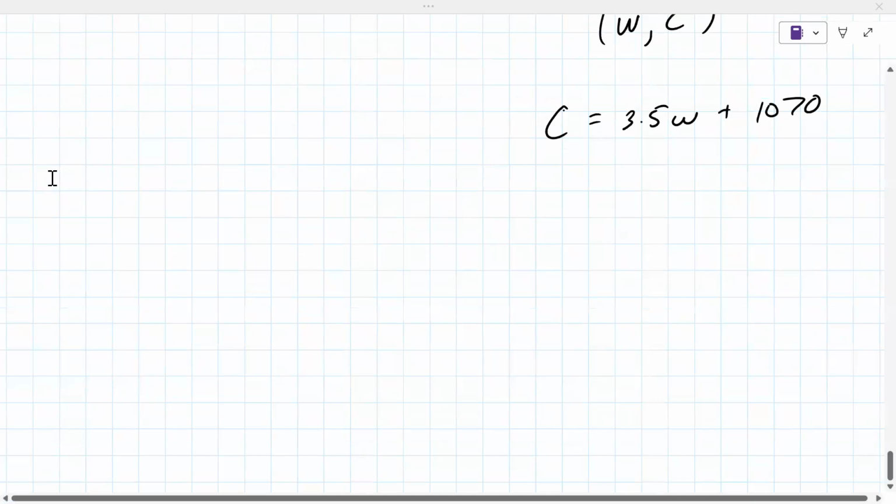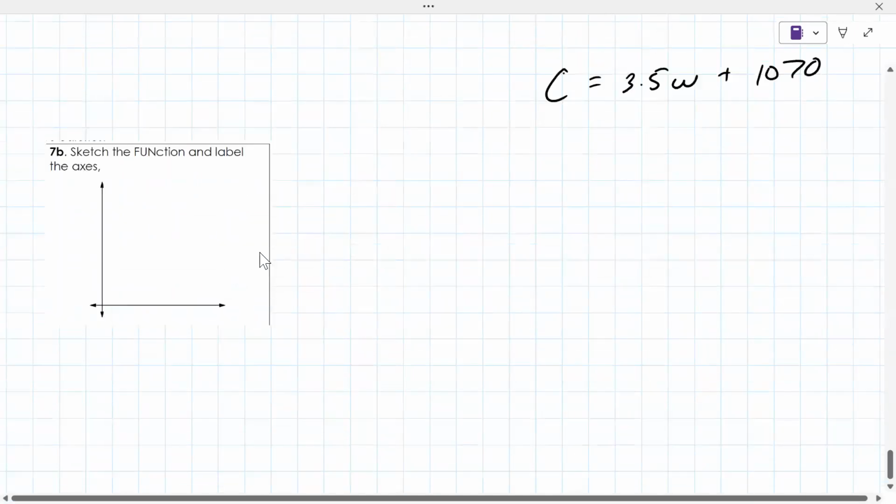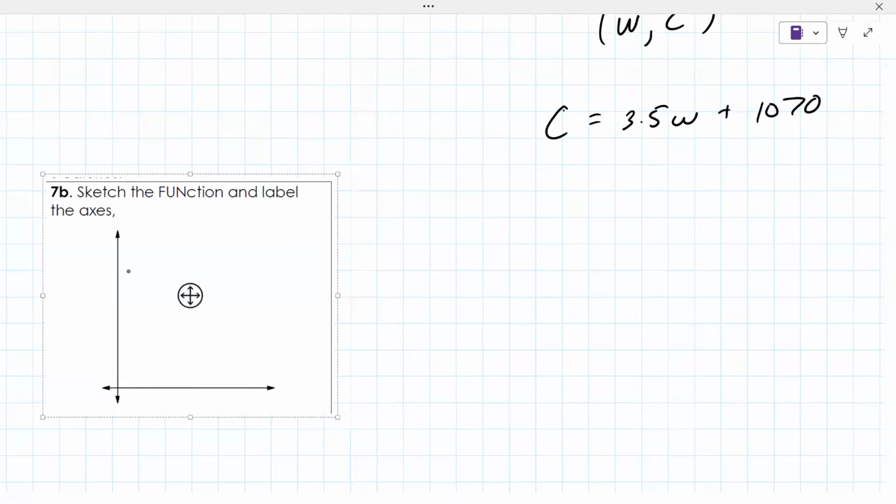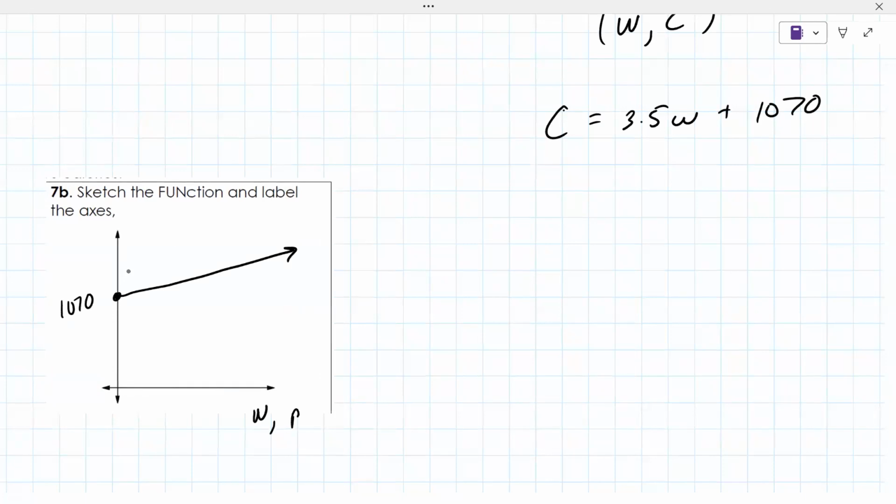If this is really all you're given, you could do this a lot of ways. I would probably go up here like 1070 and then draw a line kind of flat because that's what's happening. W is the weight in pounds, and C is the calories.